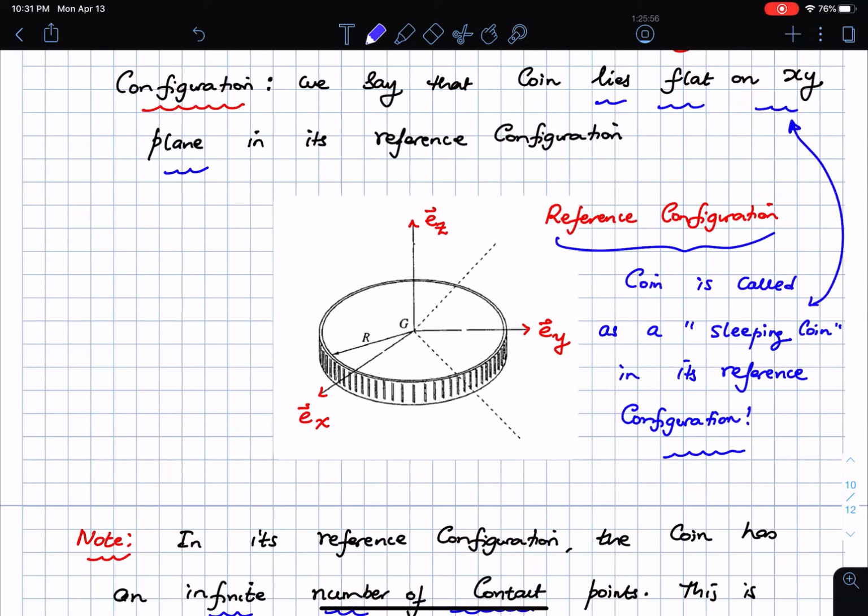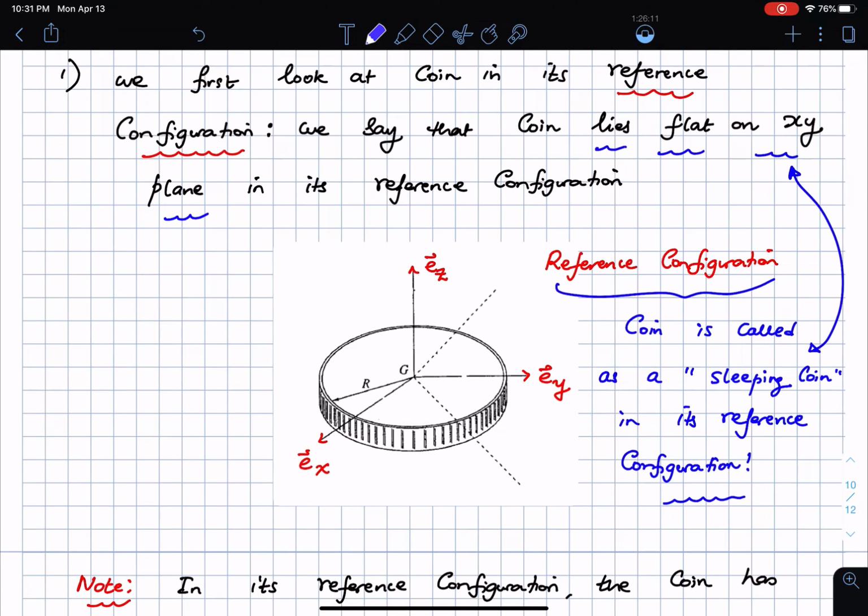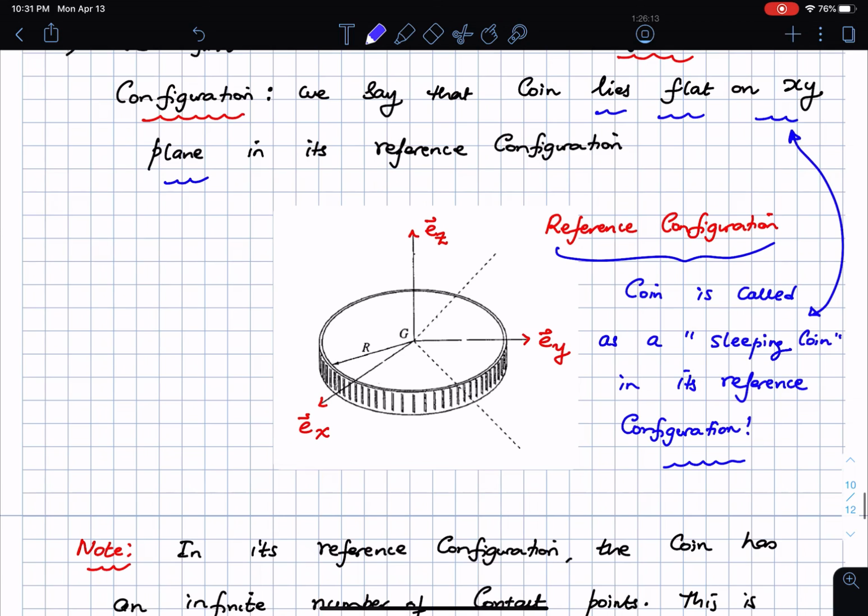Now I'll just describe the sequences of rotation, and we will go to the next lecture later on and look at what is the information that I can glean from these sequences. So the first thing is we look at the coin in its reference configuration, and then from the reference configuration I give the coin a small rotation about the Z axis.